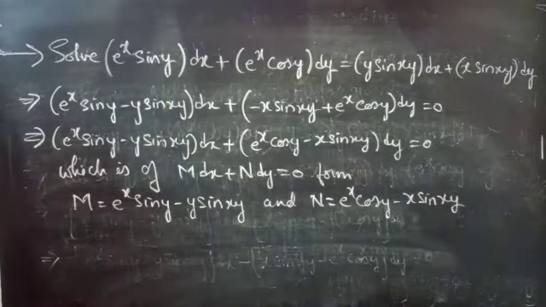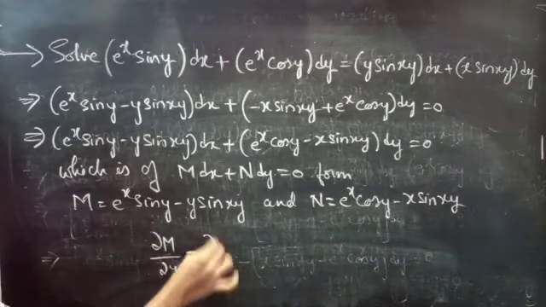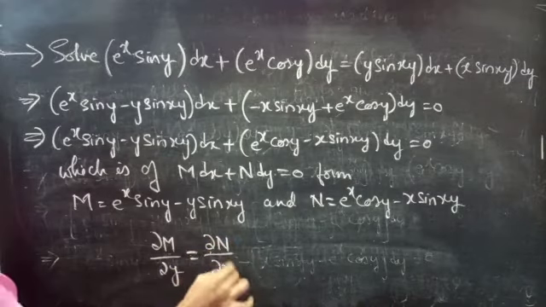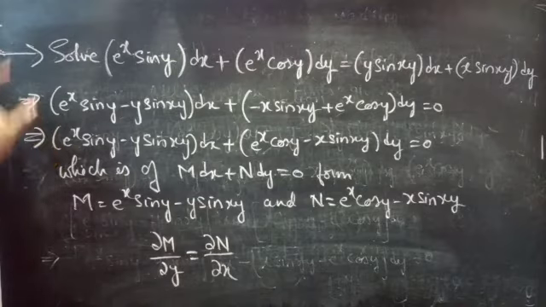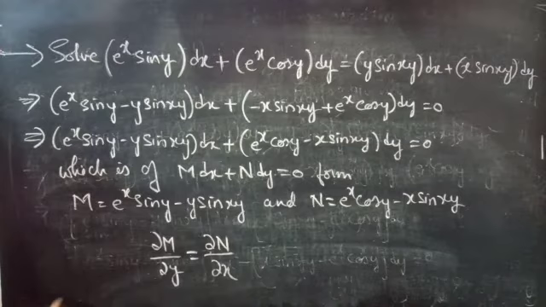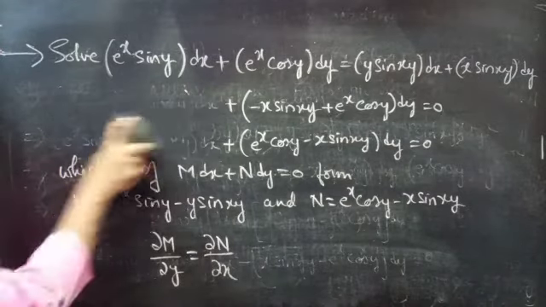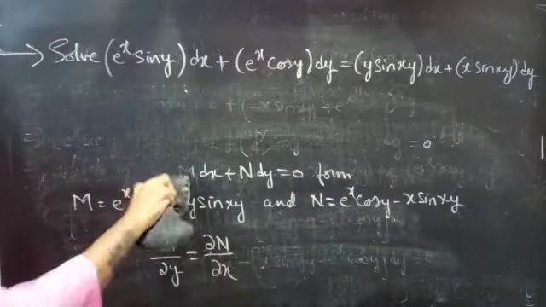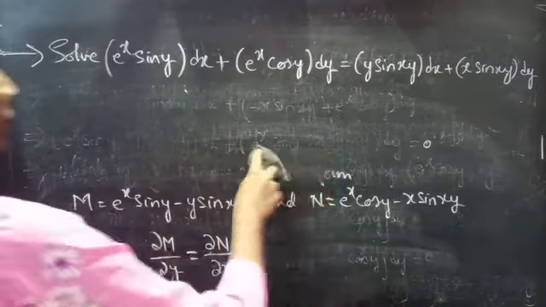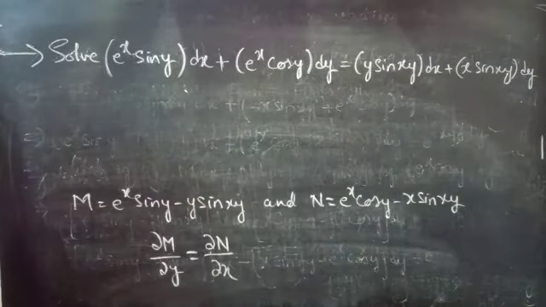Okay, if the partial derivative of M with respect to y is equal to the partial derivative of N with respect to x, we can say that the given equation is called an exact equation. So we'll find the partial derivatives of M and N with respect to y and x.